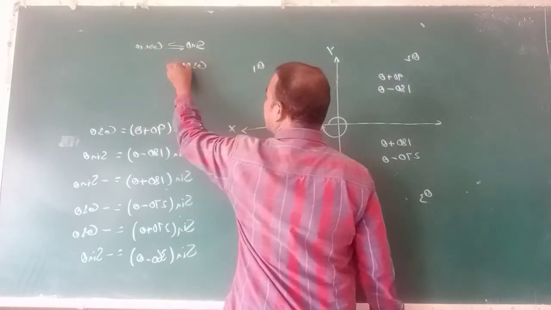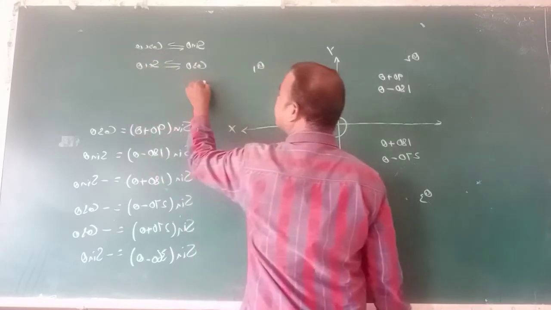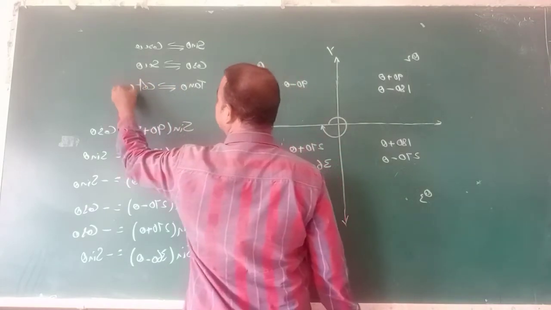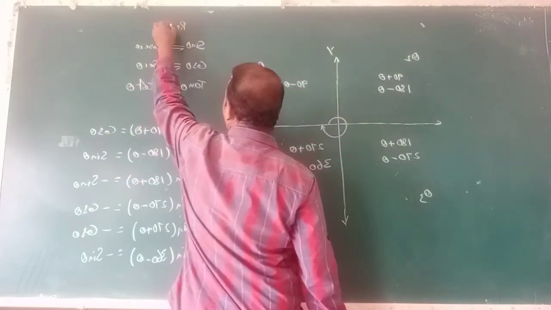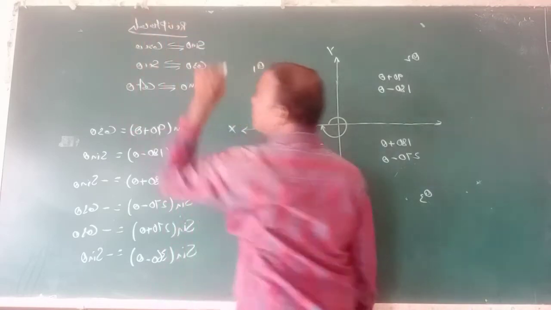Cos theta's reciprocal is secant theta. Tan theta's reciprocal is cot theta. These are called the reciprocals.